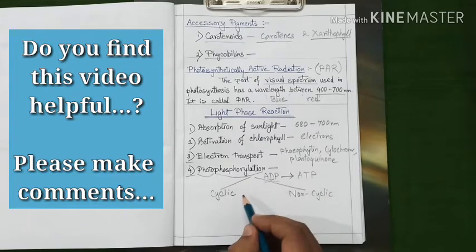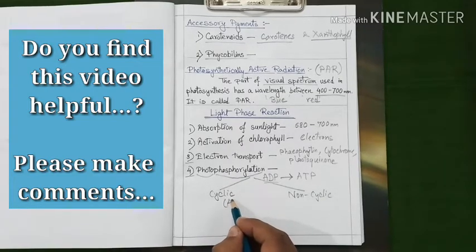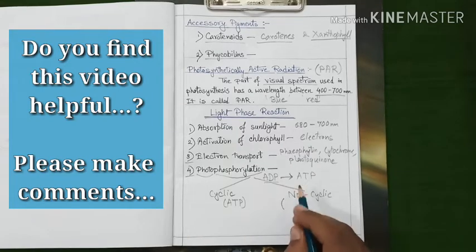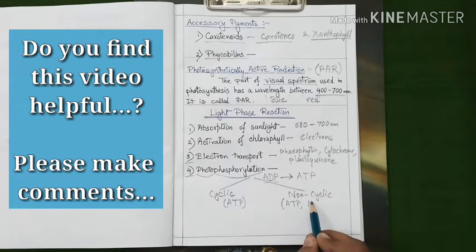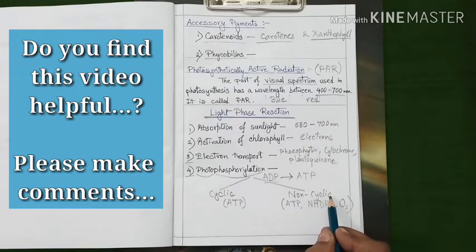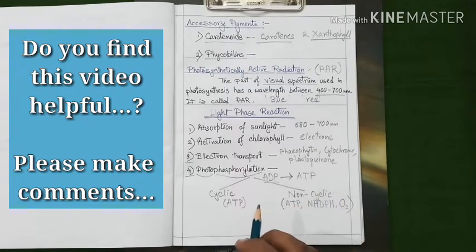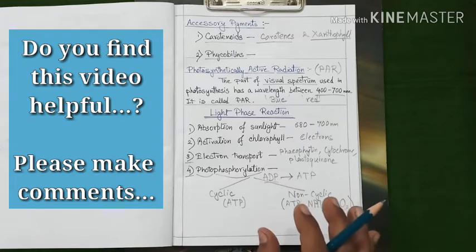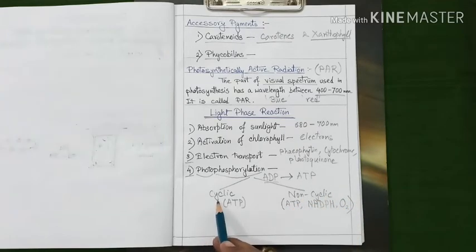During cyclic photophosphorylation, only ATP is produced, and during non-cyclic photophosphorylation in plant cells, ATP along with NADPH and oxygen is also produced. So, from the plant's point of view, non-cyclic photophosphorylation is chemically a more important process than cyclic photophosphorylation.